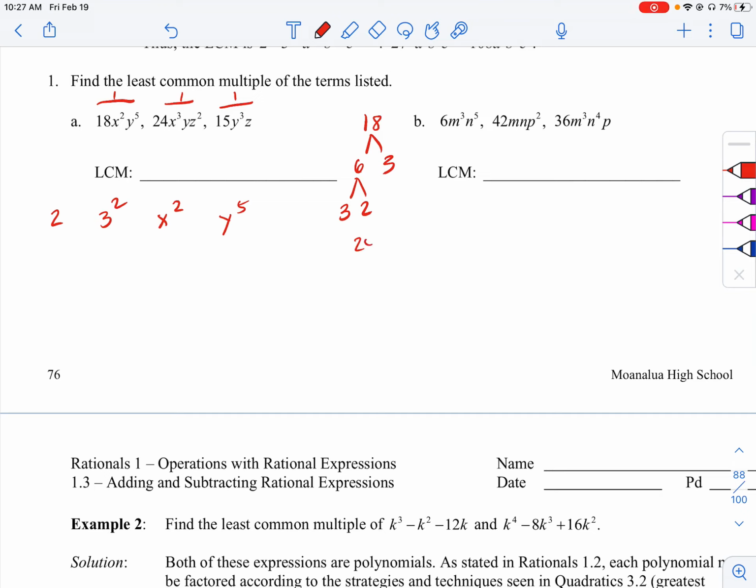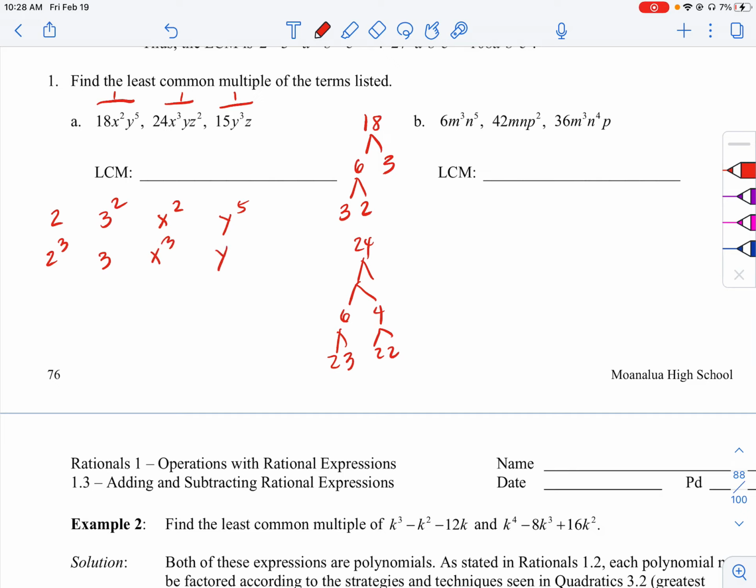Now for the 24, of course, later on I'm not going to be showing the breaking part, but I'm pretty sure as we move forward, you guys are going to do it all in your head. So I have 6 and 4, 2 and 2, 2 and 3. So I have three 2s and one 3. So that is 2 to the power of 3, and 3.